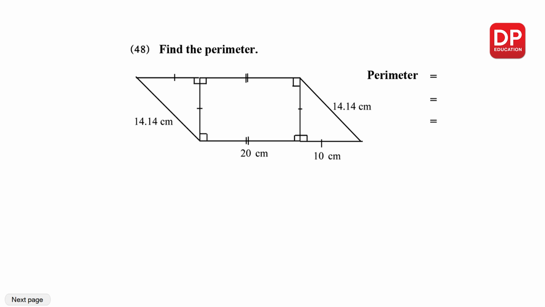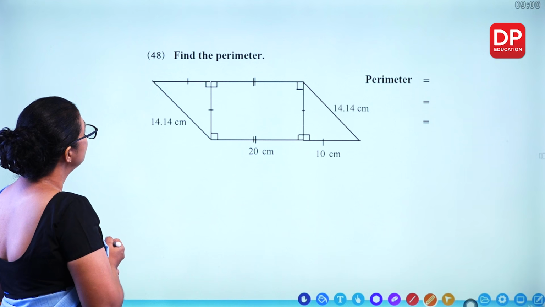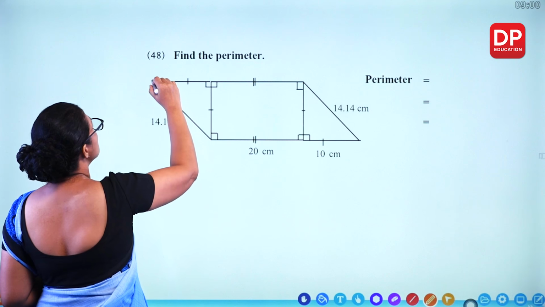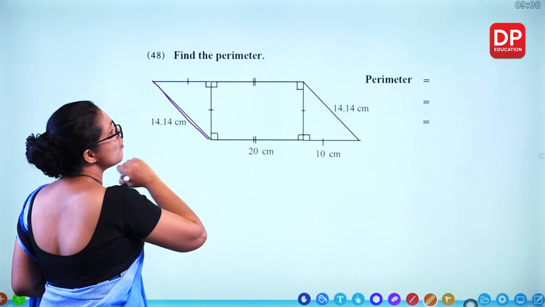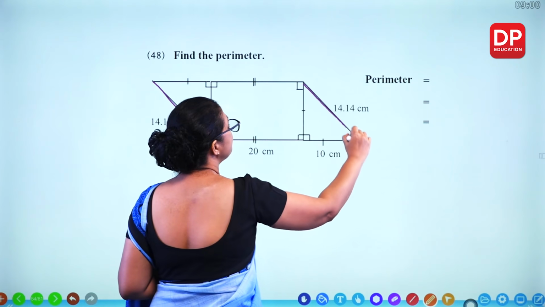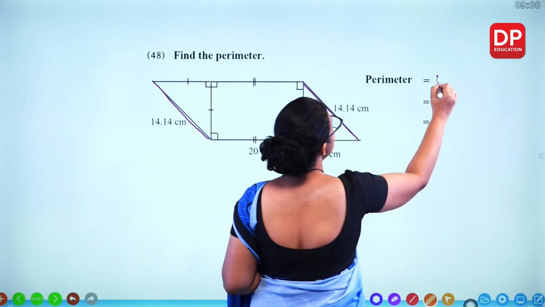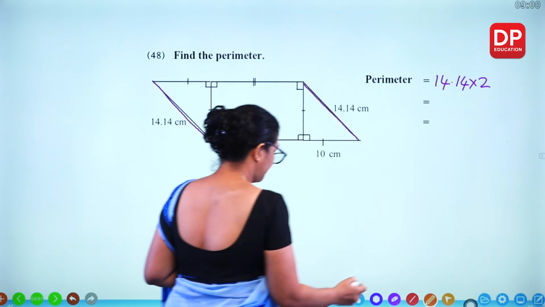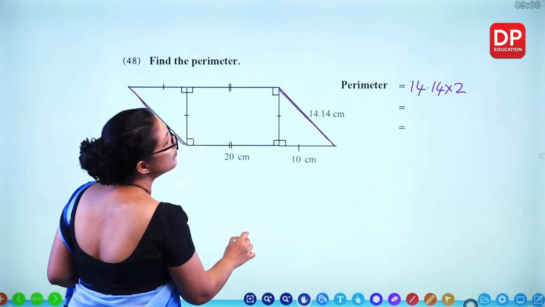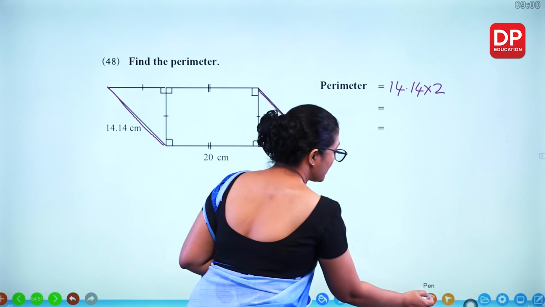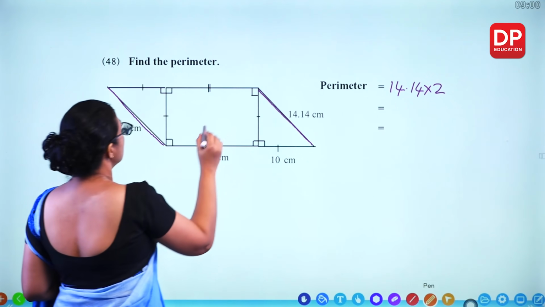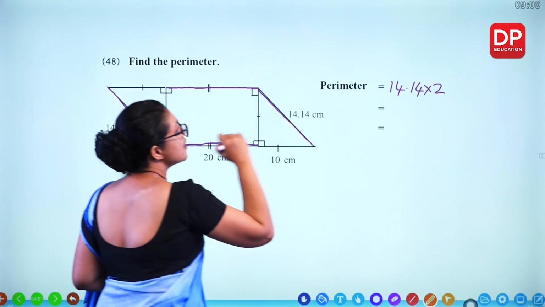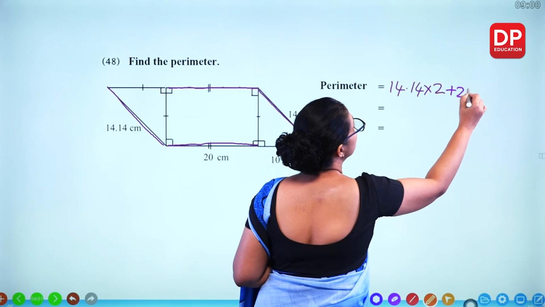Find the perimeter here. So what are the lengths given? Here, if you take this one, 14.14, 14.14. So 14.14 times 2. Then, what are the other lengths? 20, another 20. 20 times 2.